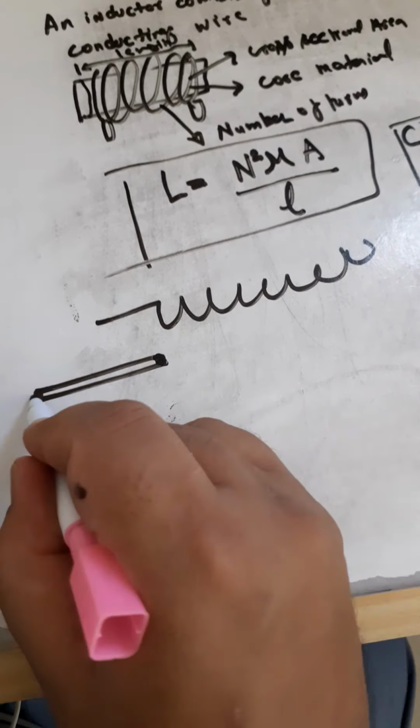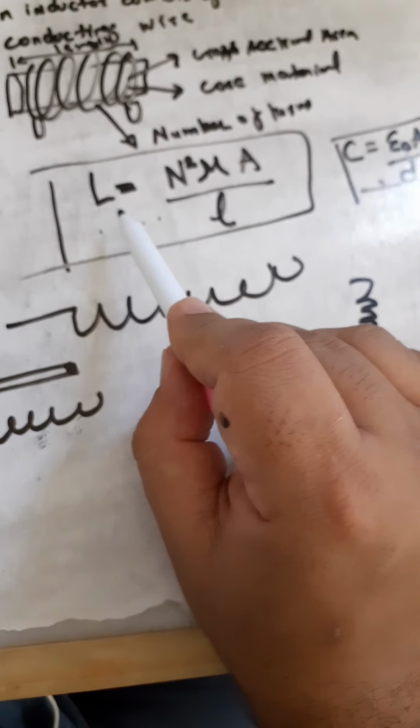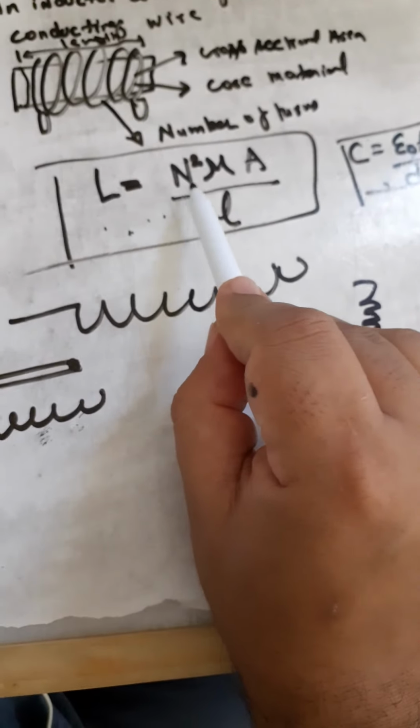The reason for this is that inductance increases as the number of turns increases. Inductance is directly proportional to the square of the number of turns, so if you have to increase the inductance, you have to increase the number of turns. Hence nowadays in the market you will see different types of LED or fluorescent lamps which have a larger number of turns.